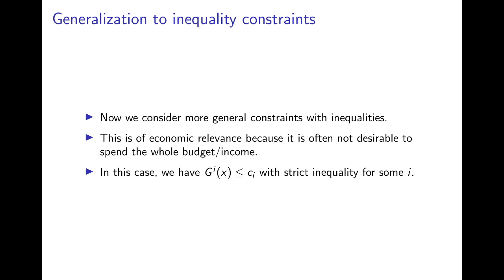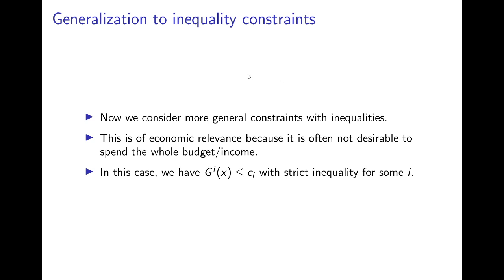So we also want to generalize Lagrange's theorem to cope with inequality constraints, actually. And this is also of high economic relevance because often it's just not desirable to spend the whole budget or the whole income, so we don't go to the supermarket and spend everything we have, actually. It might be that we want to have something left in the end, that we don't want to buy everything.